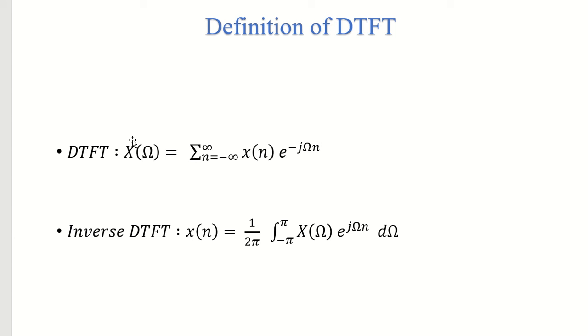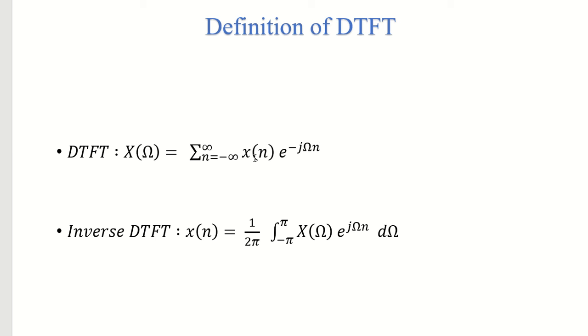So come to this slide. Let's talk about the definition of DTFT. Let's say we are taking a discrete time signal x of n, and if I have to find the discrete time Fourier transform of my x of n, then it will look something like this.